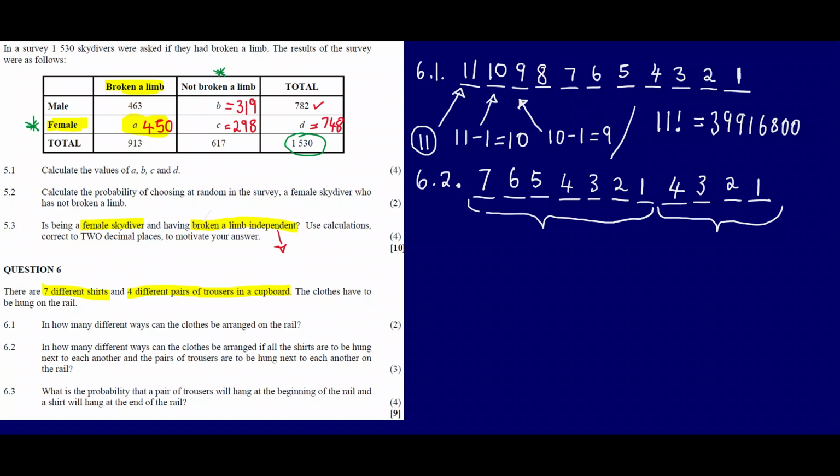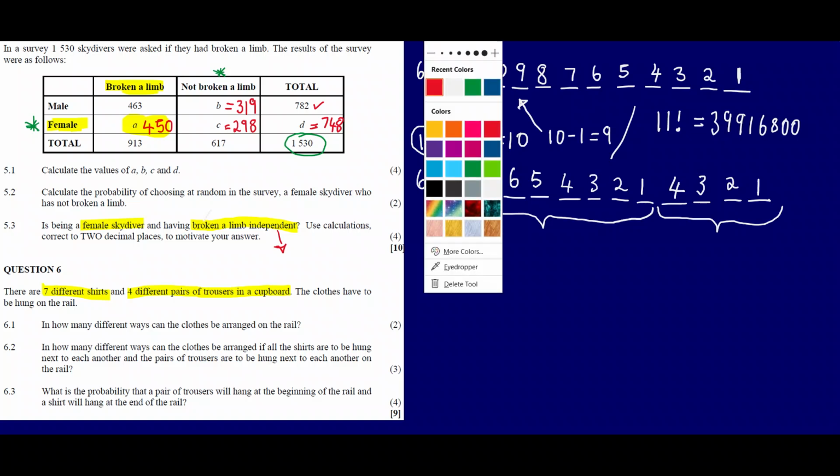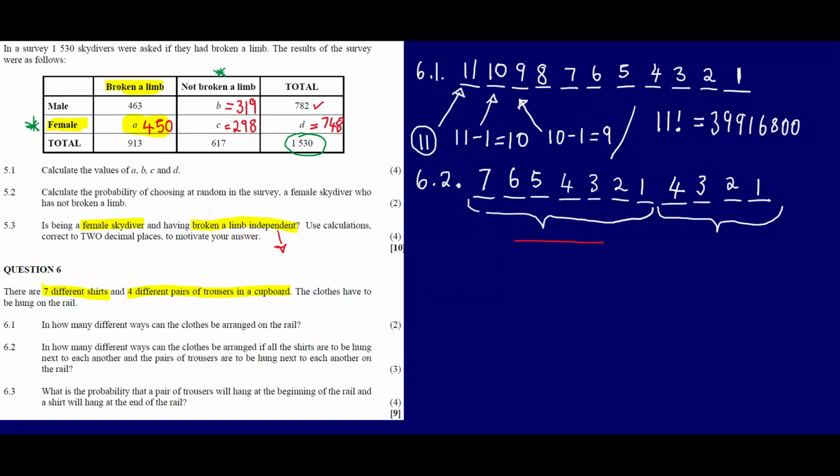Because this is part of grouping, you can agree with me that amongst the groups, we can have the shirts being the ones starting here, right? So we have OR here, right? If I can write, this is 7 factorial times what? 4 factorial.